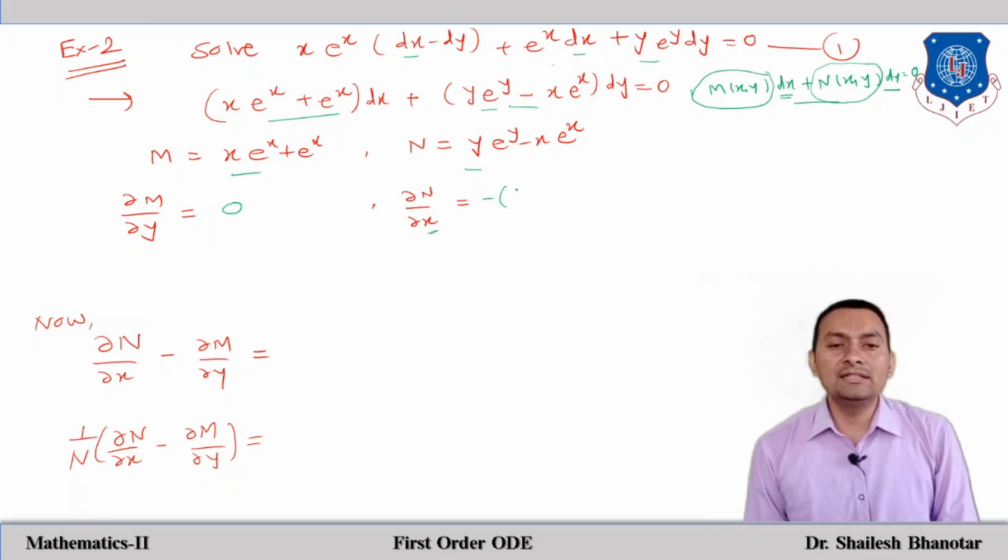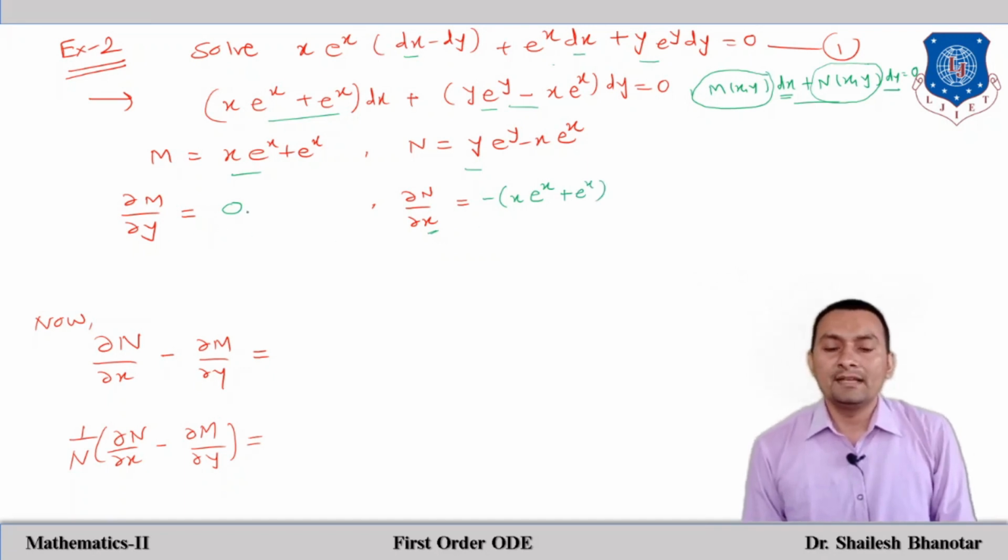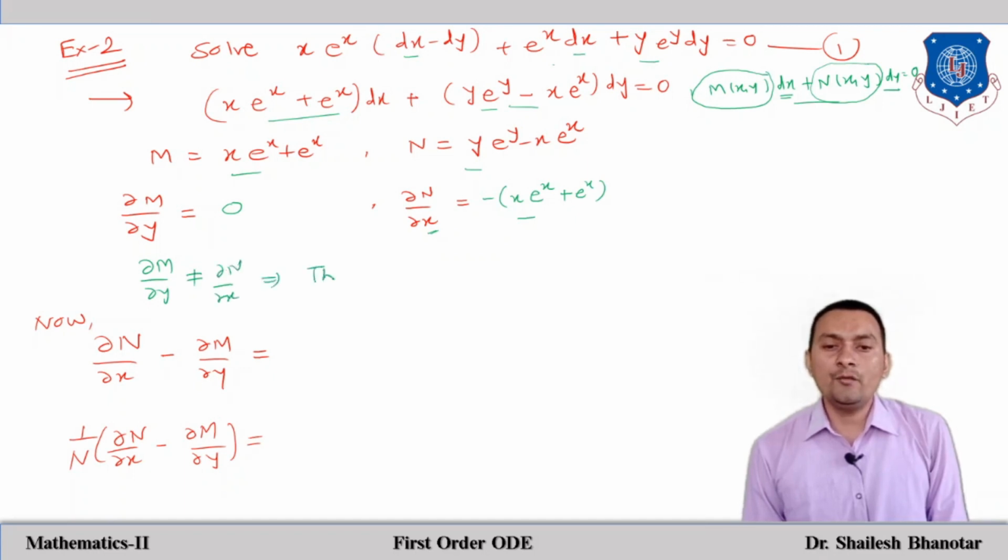Now you can see that del m by del y is equal to 0 and del n by del x is equal to 0. What does it mean? This means that the equation number 1 is non-exact.